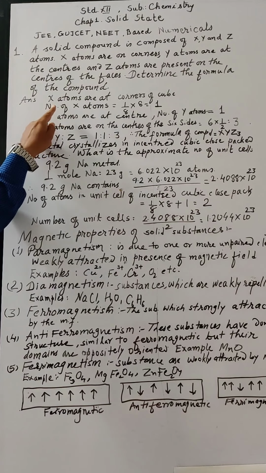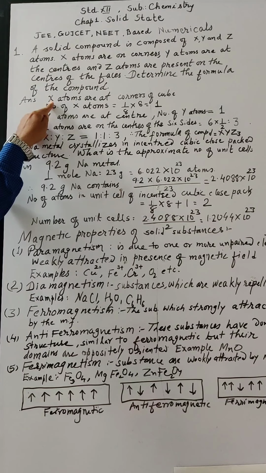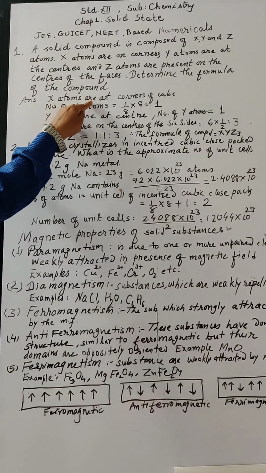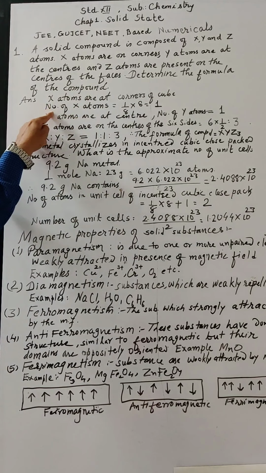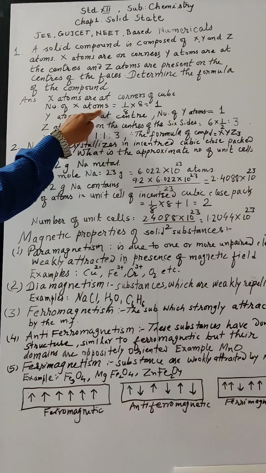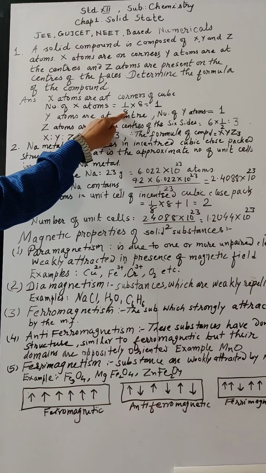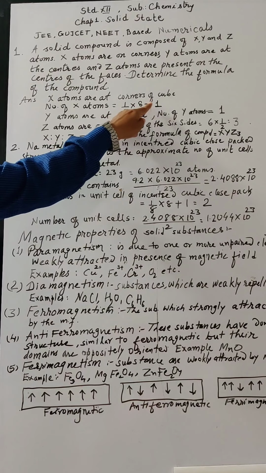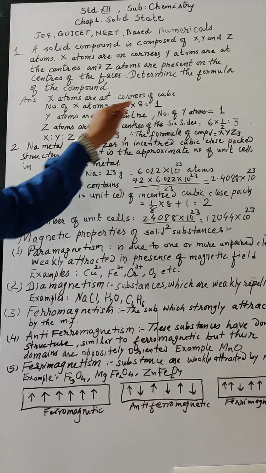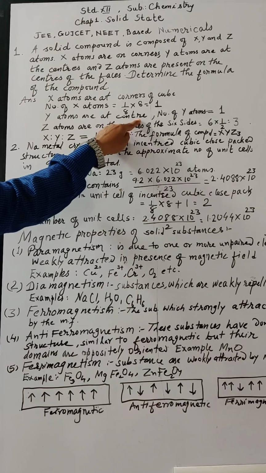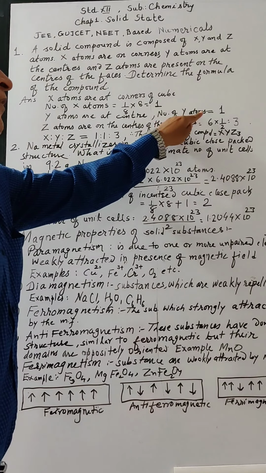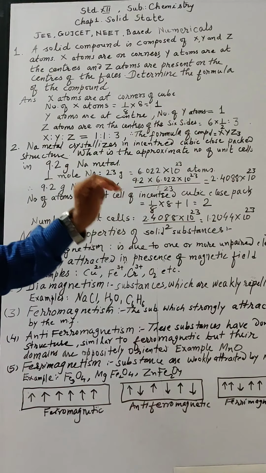The answer is, here X atoms are at corners of cube, means number of X atoms is 1/8 multiply 8 is equal to 1. Y atoms are at the center and number of Y atoms is 1.